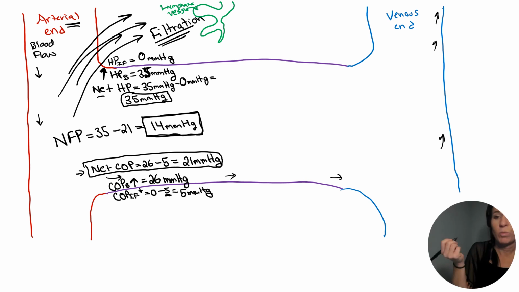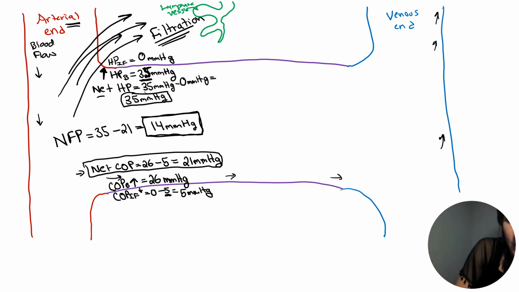Again, let's look at hydrostatic pressure first. Over here, we had 35 millimeters of mercury. But now we've pushed out a lot of fluid, so there's not going to be quite as much force against the vessel wall because that fluid is now out in the interstitial space.